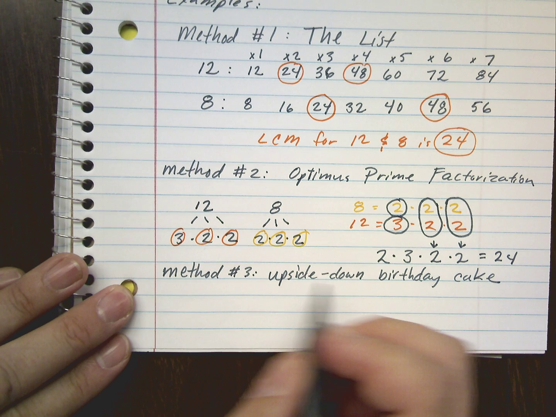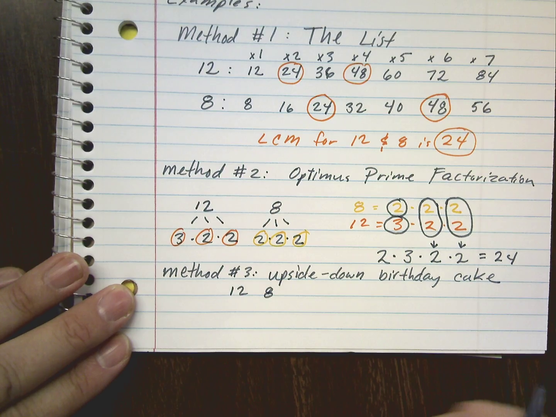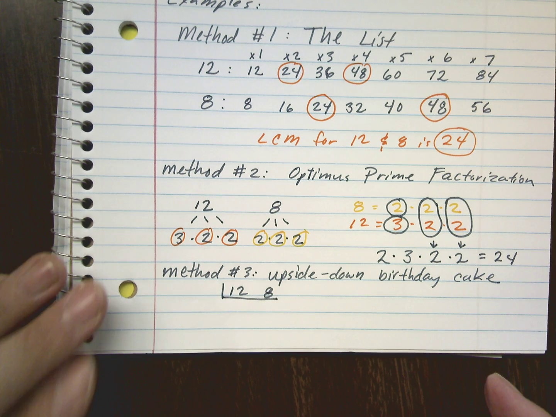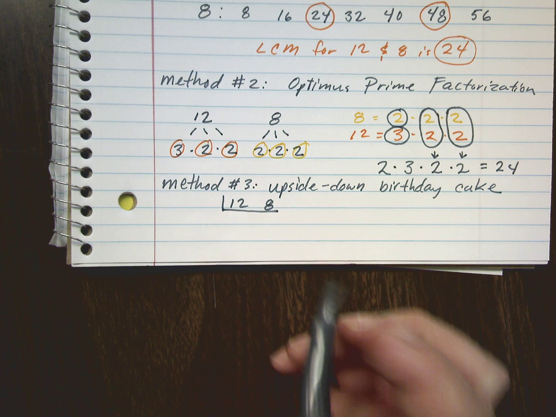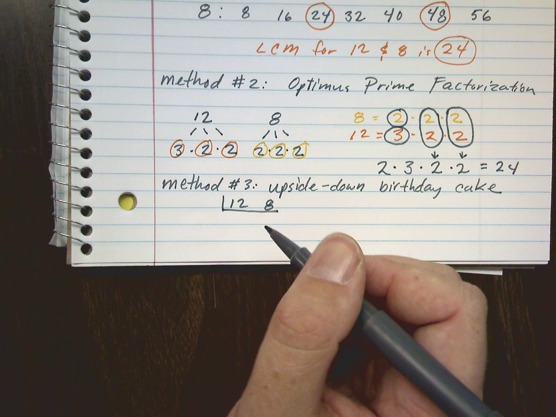So we start with our numbers, 12 and 8, and what I do with 12 and 8 is I just put a little box like this around them. Now I'm going to pull out a number, a factor that I know they have in common.